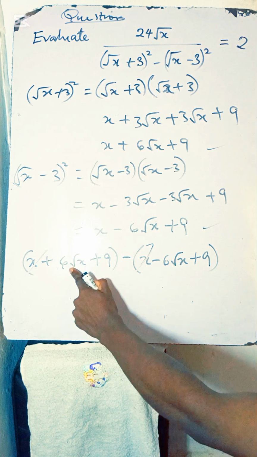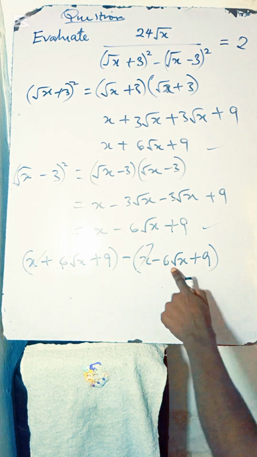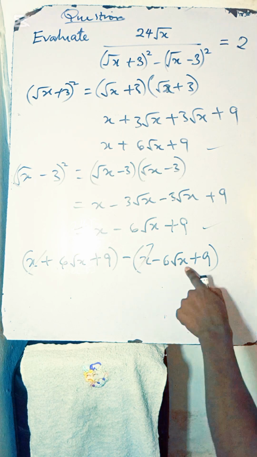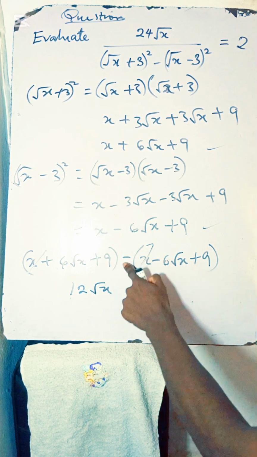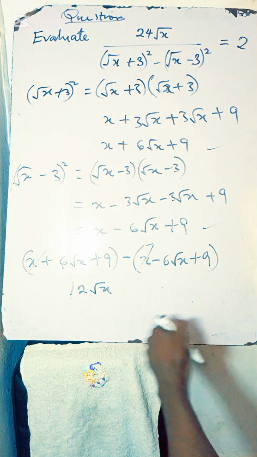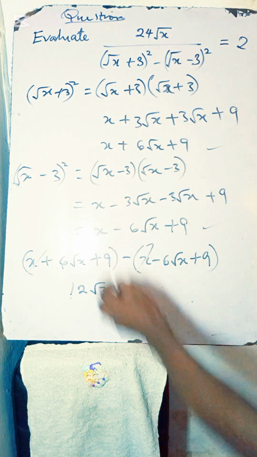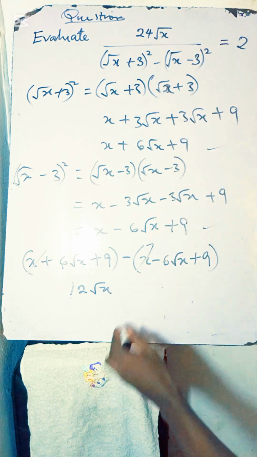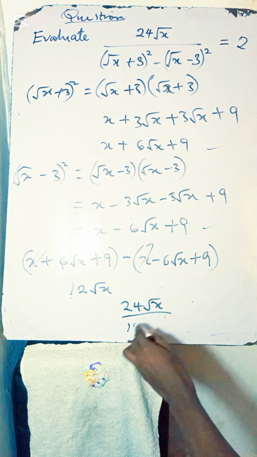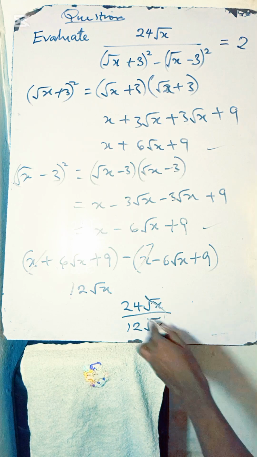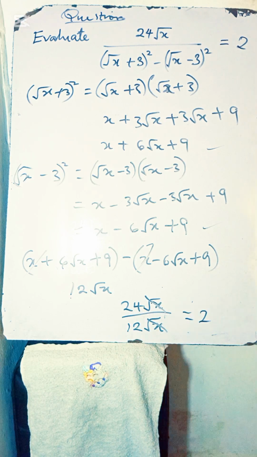Minus times minus becomes plus, so 6 root x plus 6 root x becomes 12 root x. 9 minus 9 becomes 0. So what we have here is 12 root x, as we had the other time. Bringing it to be the denominator, the numerator is 24 root x over 12 root x. So 24 over 12 is equal to 2.